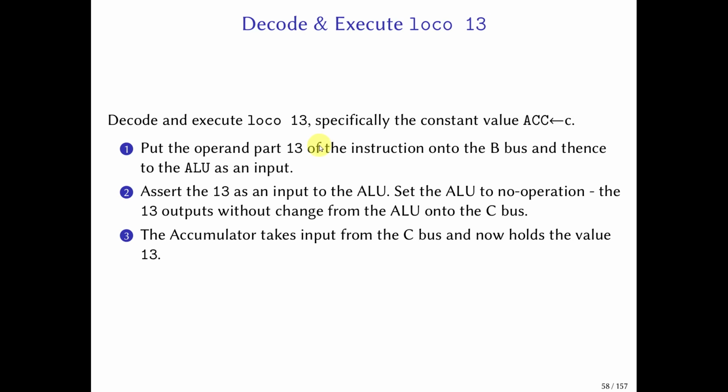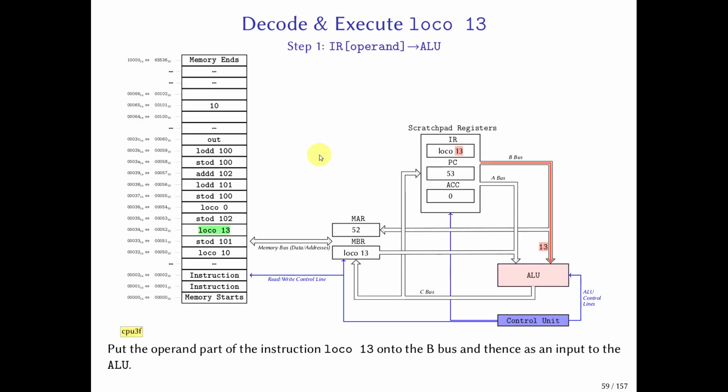So this is very similar to the first instruction, and in fact if I step through it frame by frame, you can see that the control unit looks at the machine code instruction in the instruction register and splits it into two parts. The operator, which is loco, and the control unit then says, alright, I know what I have to do here, and then it looks at the operand, which is 13, and copies the operand out of the instruction register and brings it down as an input to the ALU.